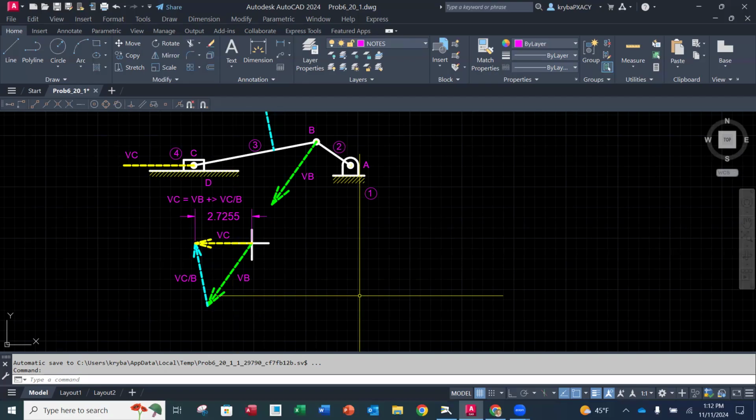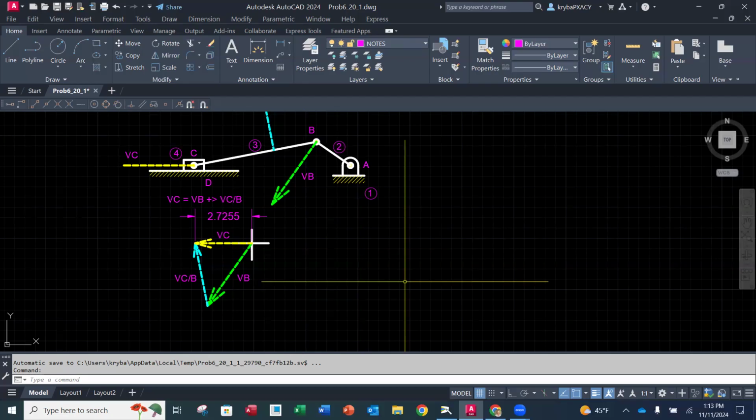That's what it wanted. We needed VC relative to B to get there to find that intersection, but it's not asking us for a magnitude. If it said, what is the relative velocity of link number 3? Well, now you have to measure it. I don't think any of the problems ask that, but we need it to get our intersection. Does that make sense to everybody?